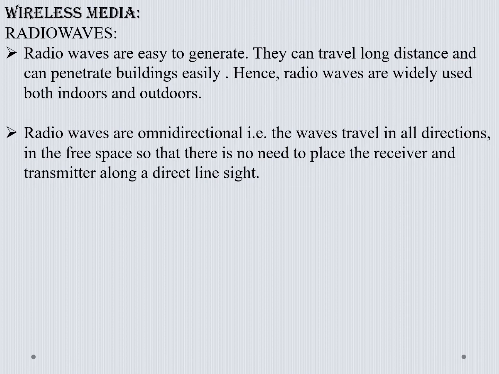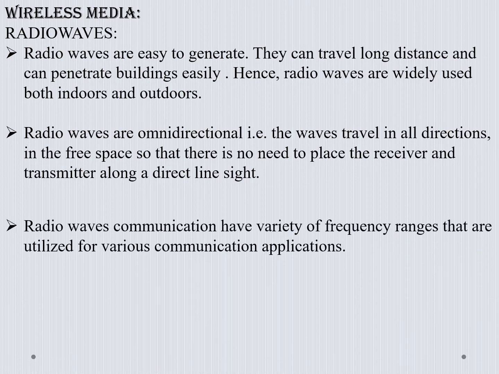So, whenever there is a transmitter and a receiver, both need not be in a straight line. We can place them anywhere because radio waves can travel in all directions, due to which they can easily receive the data in any direction. So we do not have to place the transmitter and the receiver in a straight line.